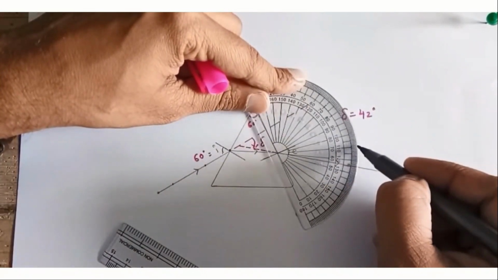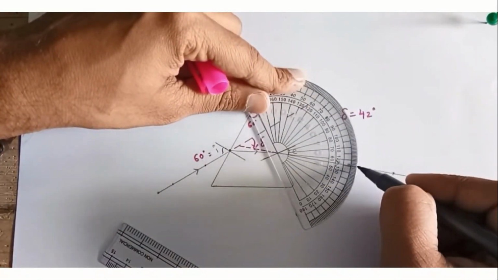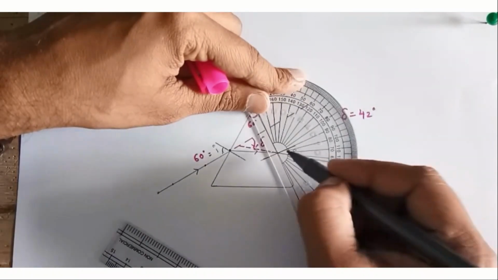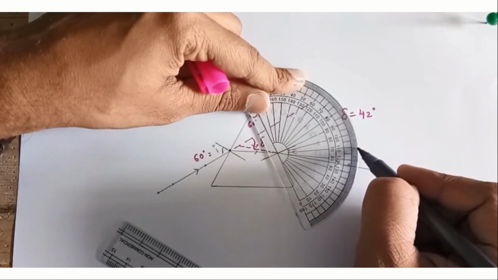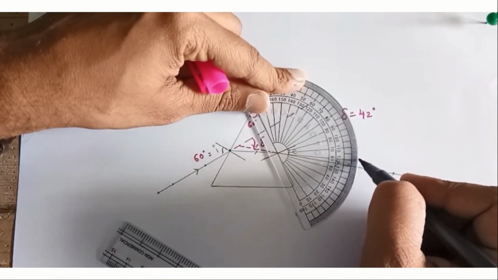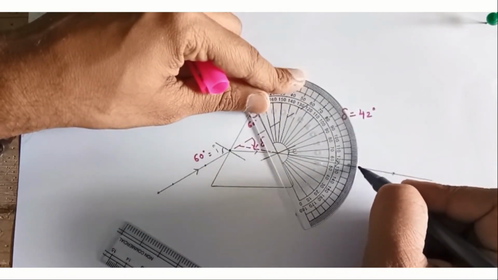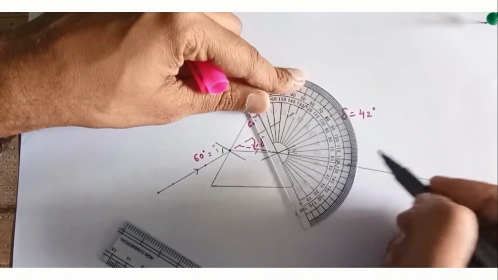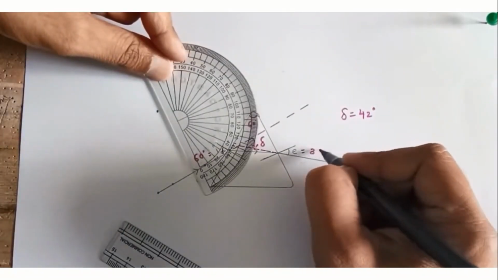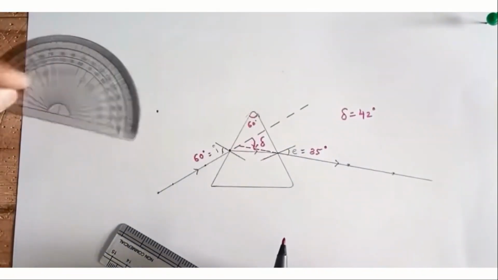So from the normal we have to count it. It is around 35 degree exact. So from normal, 10, 20, 30 and 35. So the angle of emergence is 35 degree.